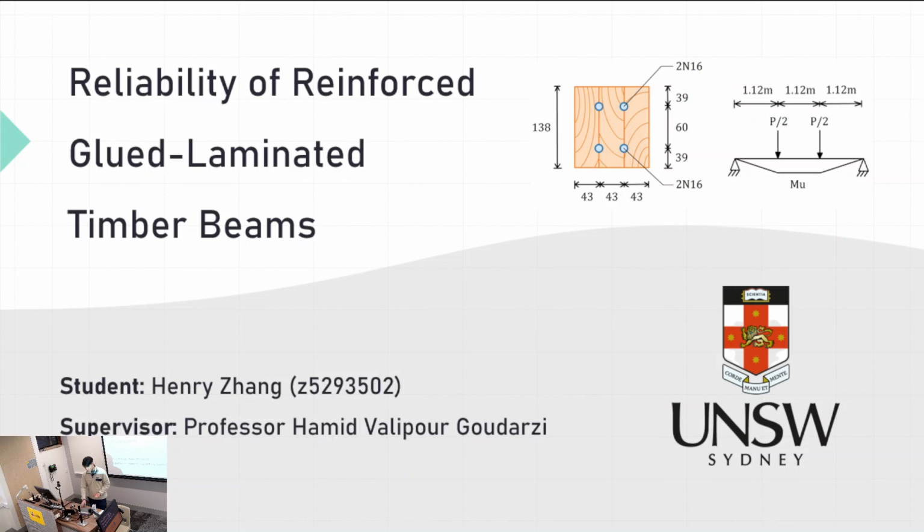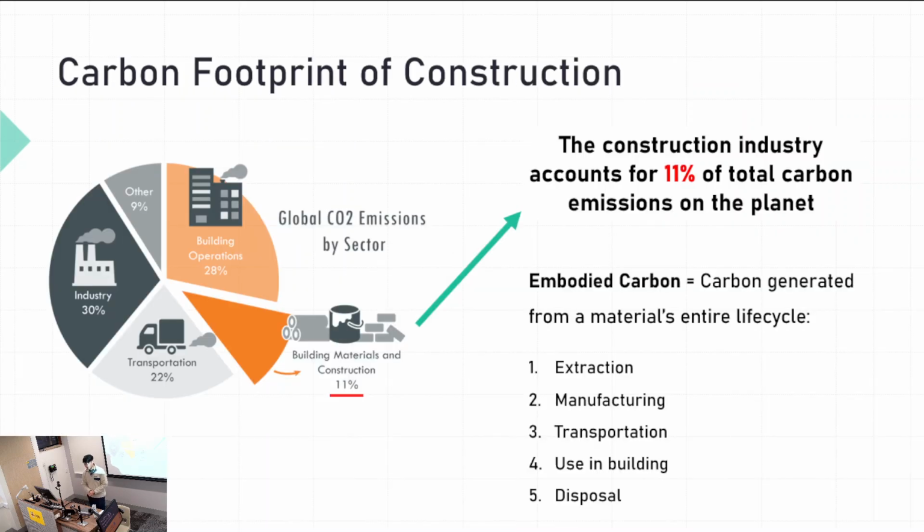But first, let's talk about the importance of timber. The carbon footprint of the building industry accounts for 11% of the total carbon emissions on the planet. And when we're talking about carbon, we're talking about the embodied carbon, which is its entire life cycle, the carbon produced throughout this entire life cycle.